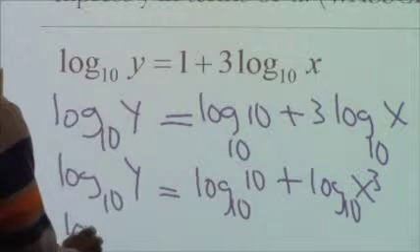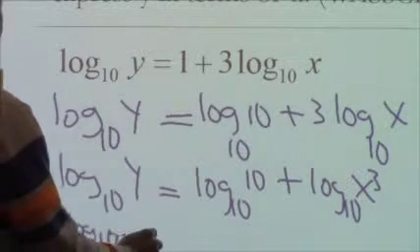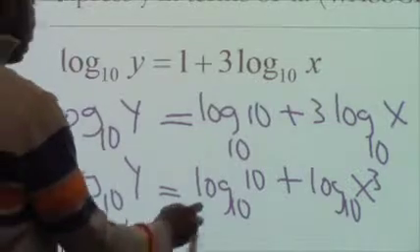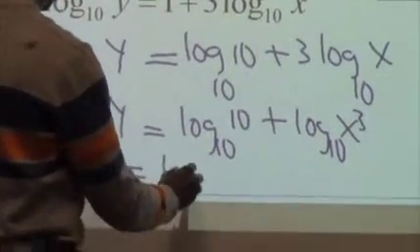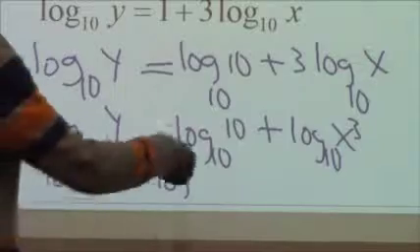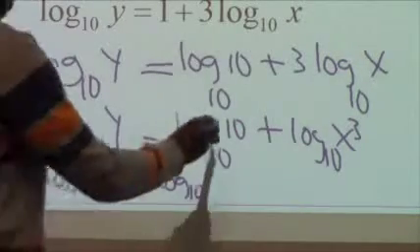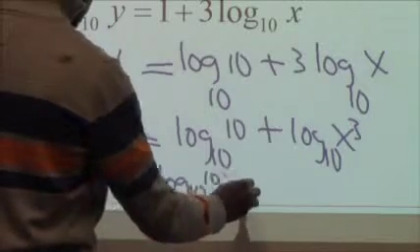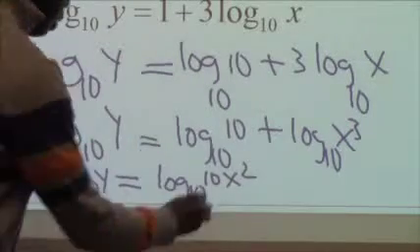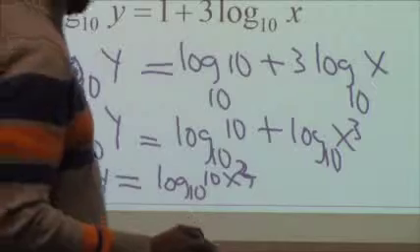So I have log base 10 of y is equal to, and this can be joined by the product. So I will have log base 10 of 10 times x cubed. So look and see what we have.